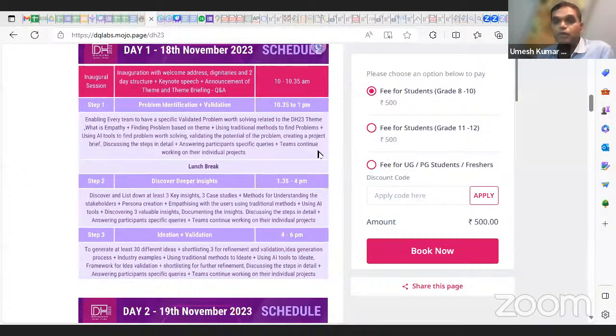For example, problem identification for a particular theme. Now, how do you identify a problem worth solving related to that theme? In this particular case, we will be leveraging the tool of ChatGPT. So we will be helping you with certain prompts that you can use to find answers.